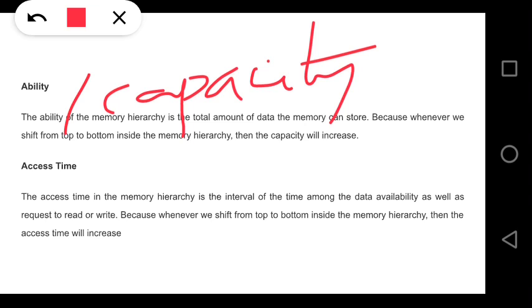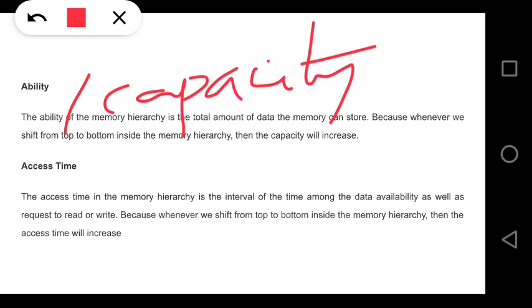So the capacity of CPU registers is much lesser than the capacity of the secondary memory. So this is the second characteristic of the memory devices, that is the capacity.